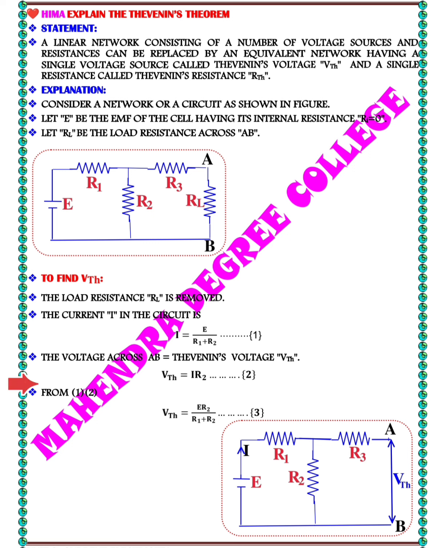From equations 1 and 2, the current I value is substituted into equation number 2. We get VTH equals I, meaning E by R1 plus R2, into R2.